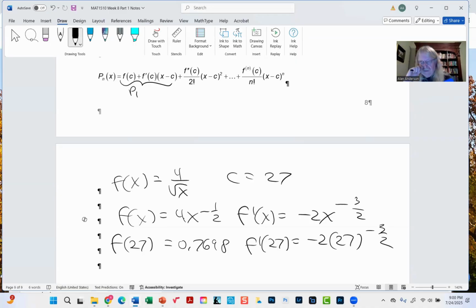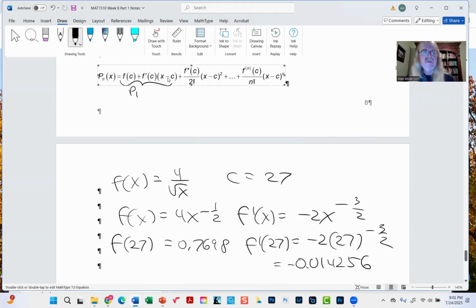Okay, hold on. I made a dumb typo here. Negative 0.0142, let's say 56. That's close enough. So anyway, what do we need to know?